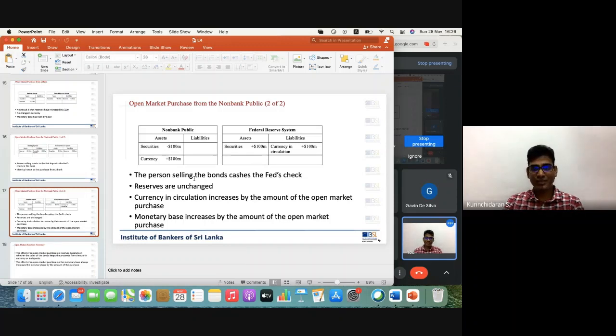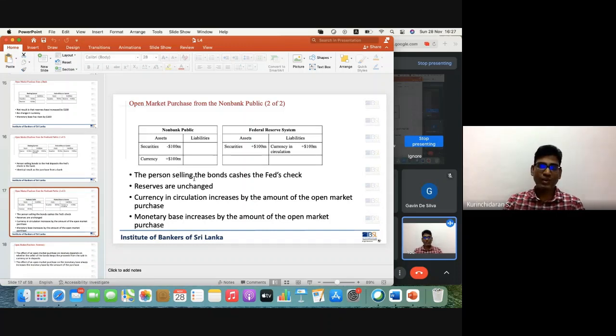You could see so many times in the central bank activities, if you see the monetary policy announcements and central bank activities during this pandemic situation, the central bank is continuously doing this, right? This is open market operations.